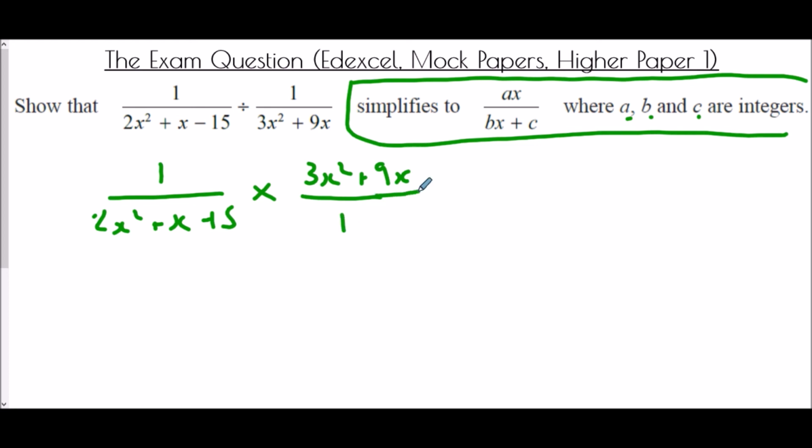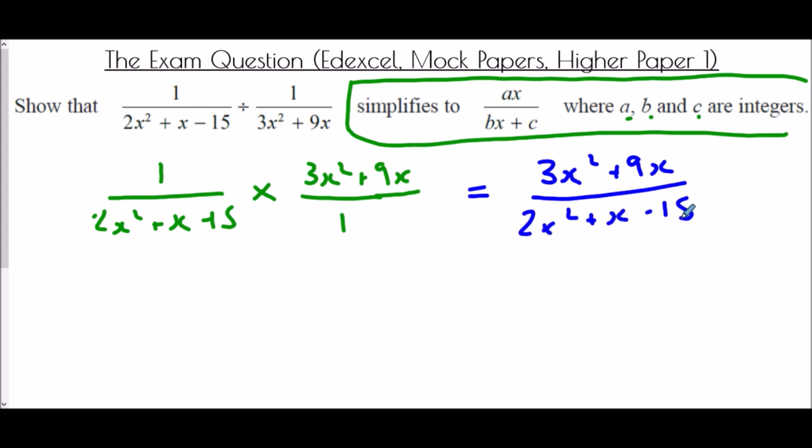And what we can do straight away here, just thinking about our rule for multiplying, is cancel out common factors. Well, straight away I can write that as a single fraction, because I've got 1 at the top and 1 on the bottom of the two fractions. So I've actually got 3x squared plus 9x all over 2x squared plus x take away 15.